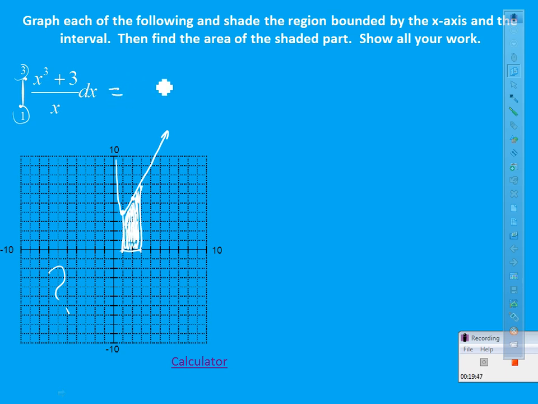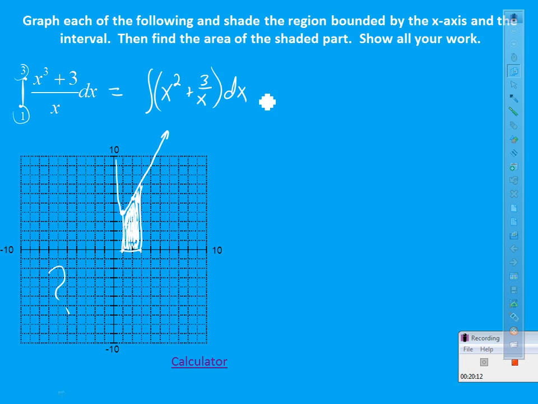I need to figure out how to find this antiderivative. Well, you got to decide if it's a u, if it simplifies, if it's an e, if it's a natural log. Since there's just an x in the bottom, I know I need to simplify first. So x cubed over x becomes x squared, and the 3 over x I'm going to leave as 3 over x, because I know that if x is to the first power in the denominator, that means something to me.